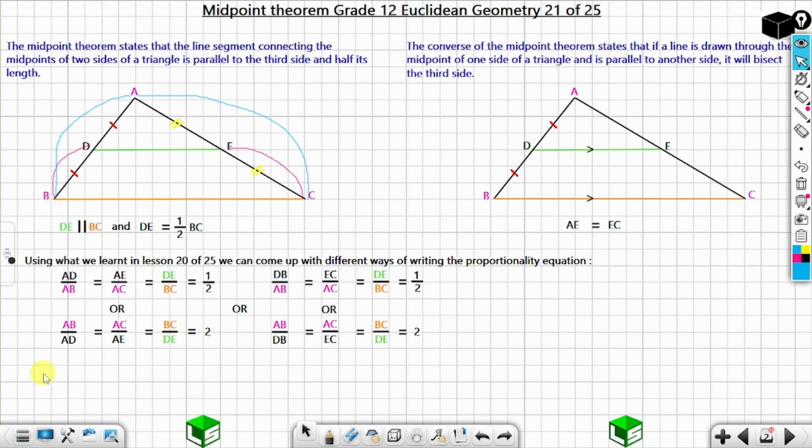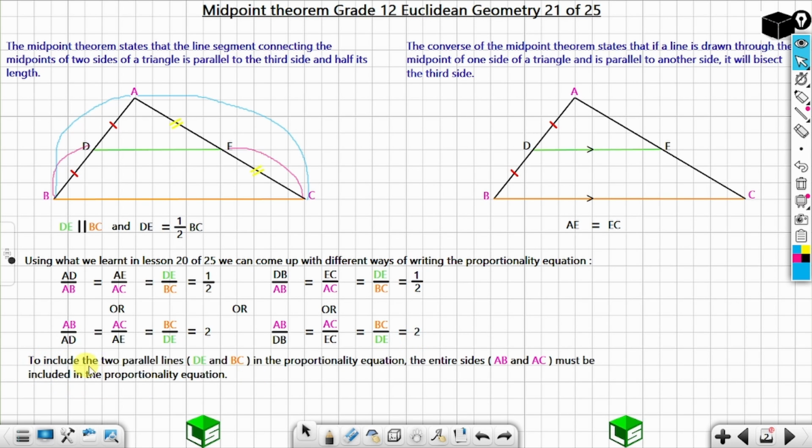Remember to include the two parallel lines, DE and BC, in the proportionality equation. The entire sides AB and AC must be included in the proportionality equation.